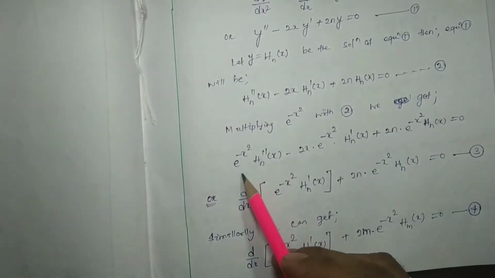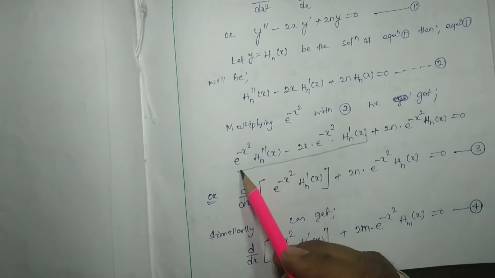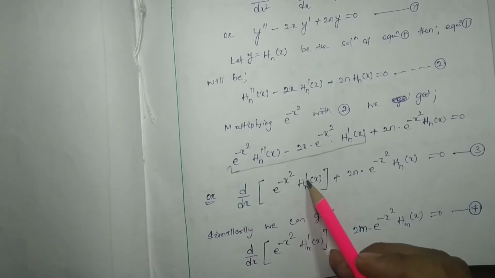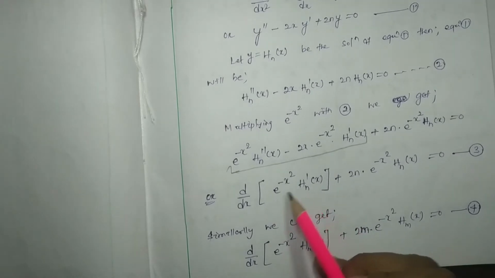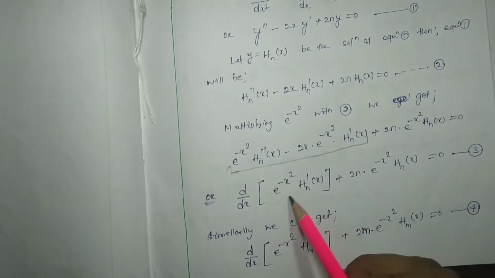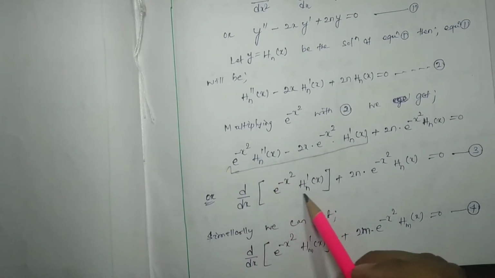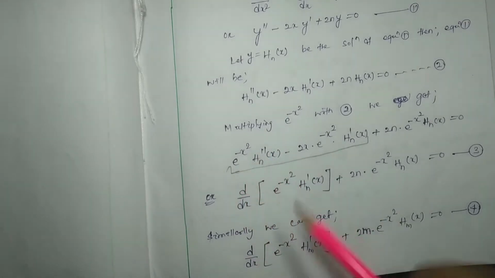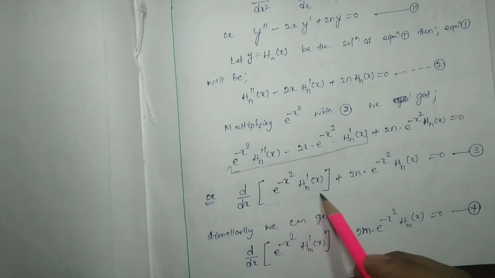Now these two terms combined can be written as d/dx of e^(−x²) Hn'(x). If we consider this as our first function, then its derivative will be Hn''(x) and e^(−x²). I am considering the derivative with multiplication.